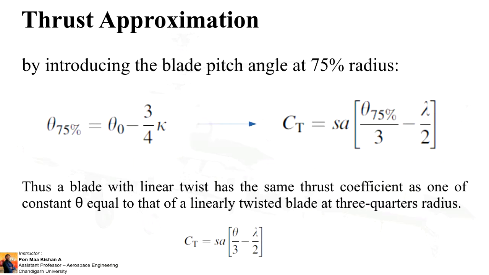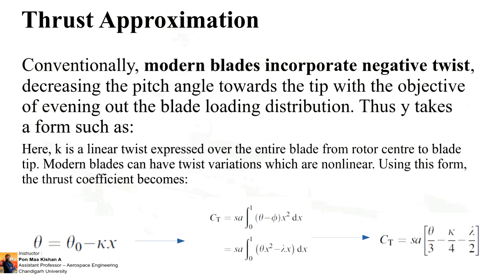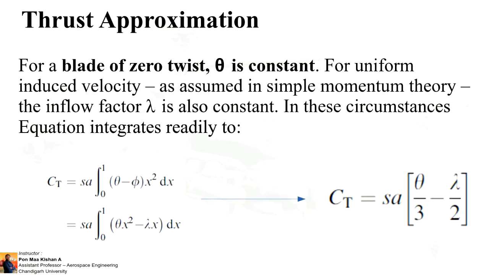Okay, so I hope you can understand, 75%. So 75 by 100, we can consider that as 3 by 4. Okay, so minus 3 by 4 k. So when we are substituting again in this equation, instead of theta I am marking it as theta 75.